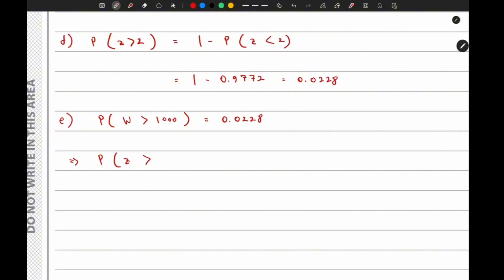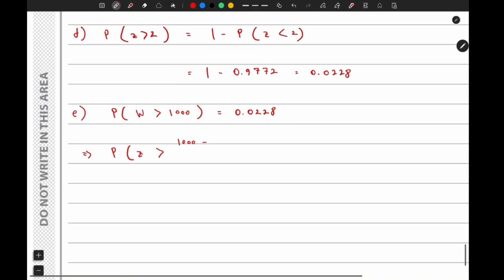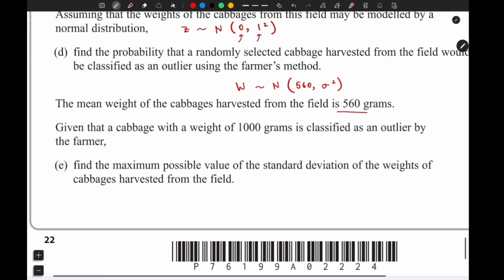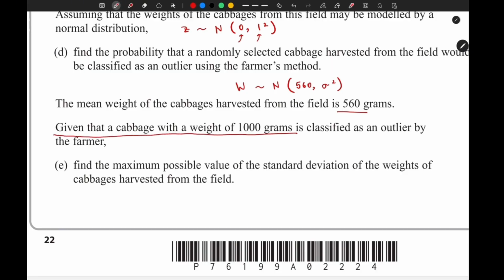So Z is greater than 1000 minus, okay, so this will be a less than sign because the minimum weight has to be 1000 grams, because they have said that given that a cabbage with a weight of 1000 grams is classified as an outlier.